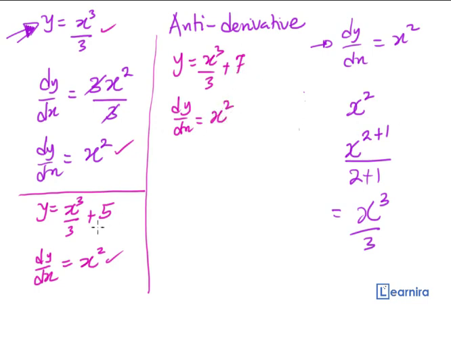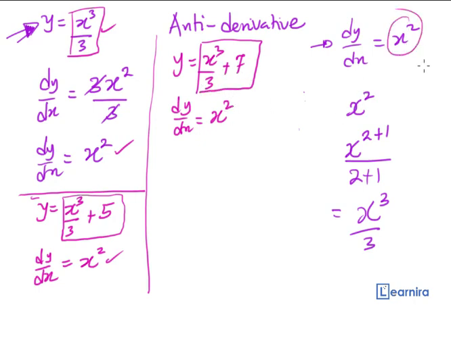So you can see from this that x raised to the power 3 all over 3 plus 5 and x raised to the power 3 all over 3 plus 7 are all antiderivatives of x squared. Because of this interesting realization, anytime you find the antiderivative of any derivative, you should always add the arbitrary constant to your final result.